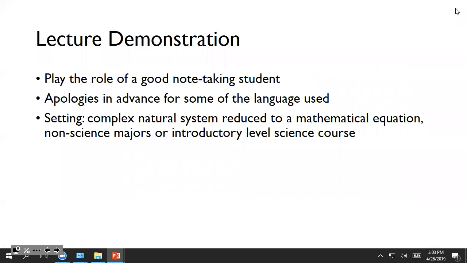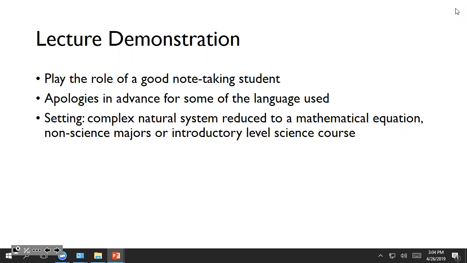So for the lecture demo, what I'm going to ask you to do is to play the role of a good note-taking student. I'm going to distribute these pages. We're going to start on page 1 here, which is mostly empty, and it has spaces for you to take notes for this lecture that I'm going to demonstrate.